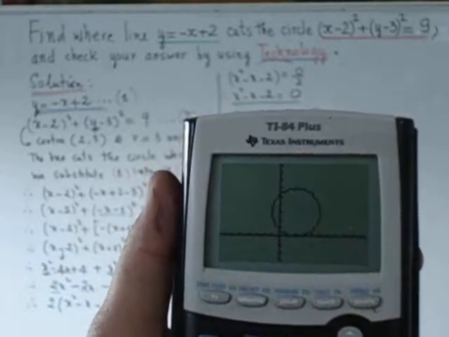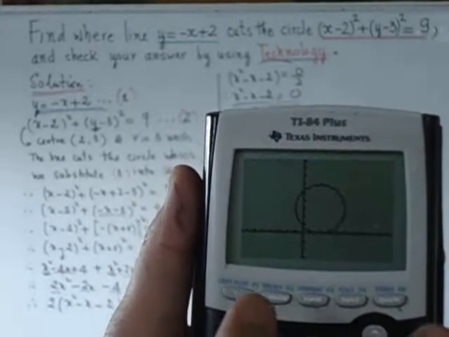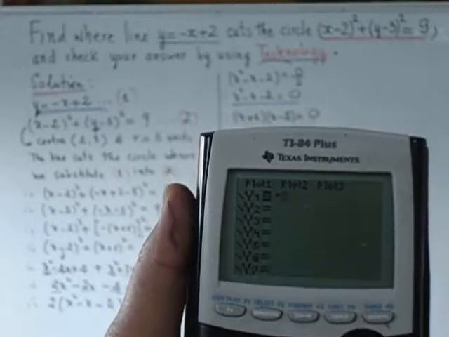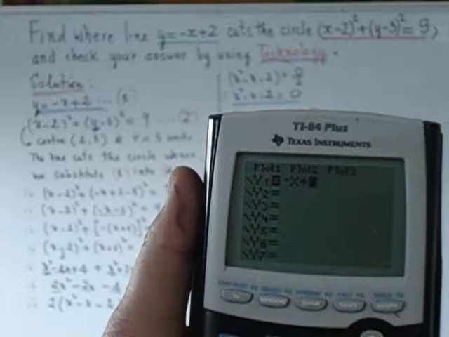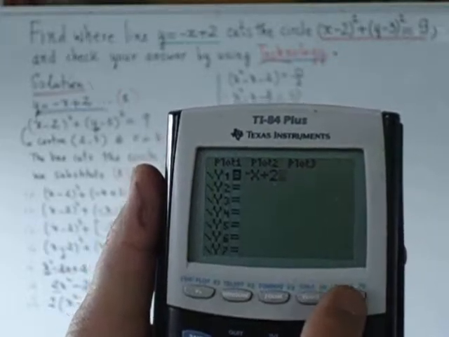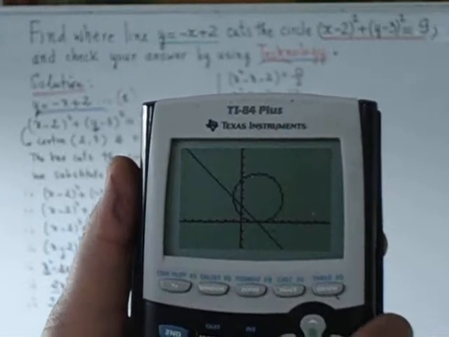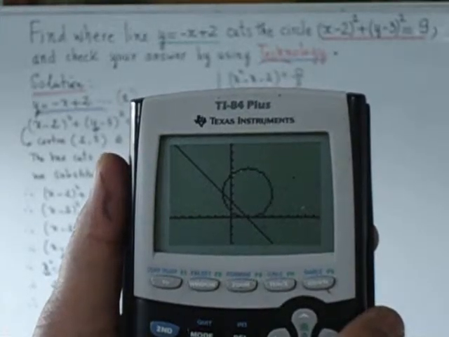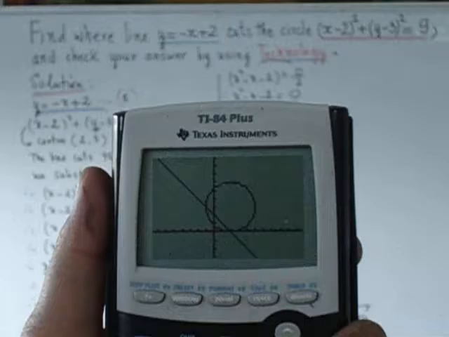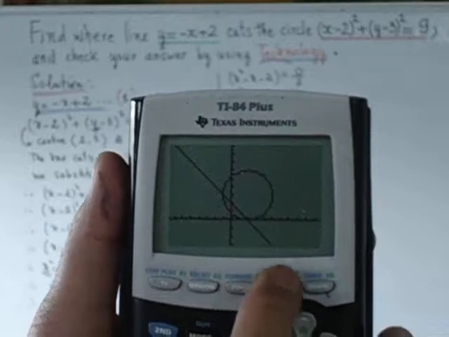And in order to find where the line y equals minus x plus 2 cuts the circle, we press Y equals right here and type minus x plus 2, and then graph, we press right here. So we see the line cuts the circle at points A and B. In order to know the points, we press trace right here.